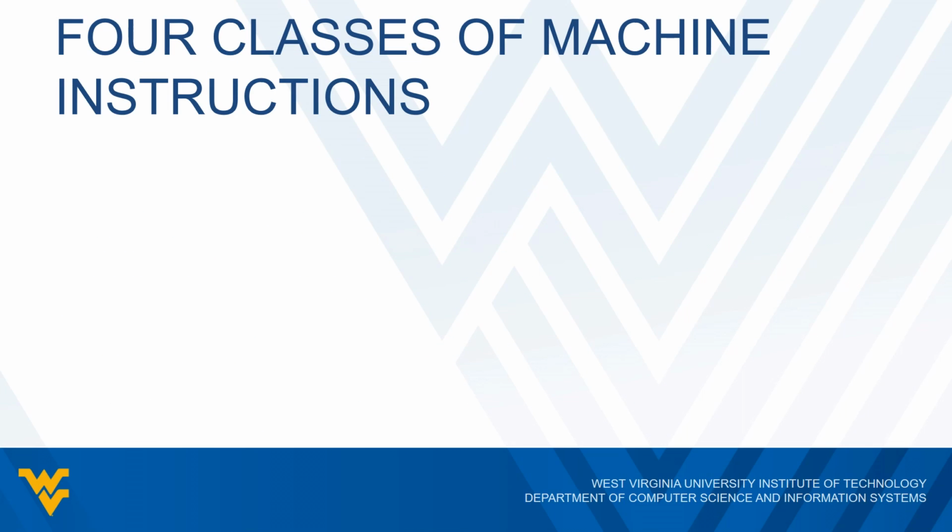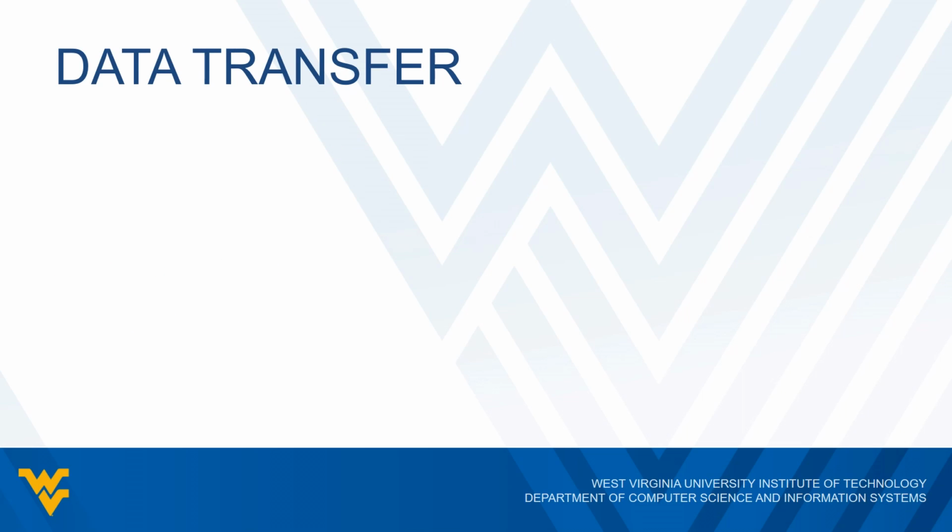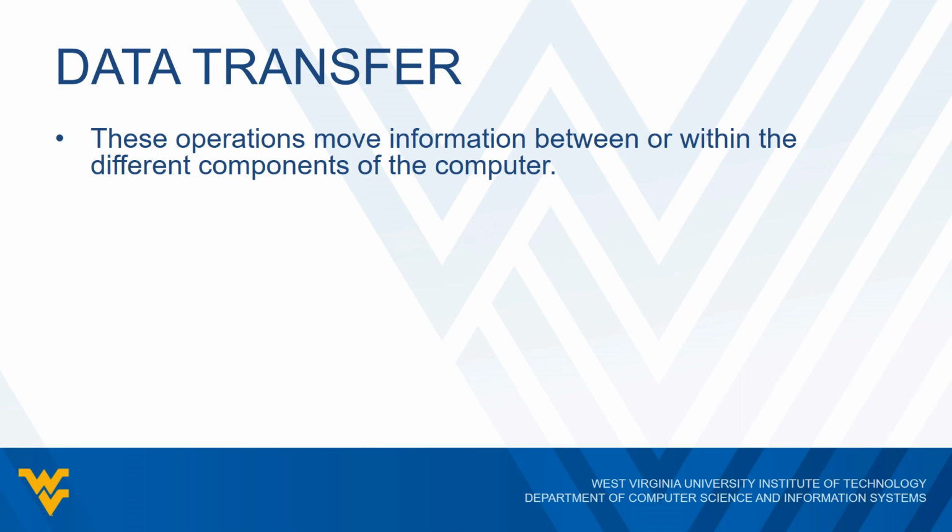Machine language instructions can be grouped into 4 basic classes, and these are called data transfer, arithmetic, compare, and branch. The first class is data transfer, and the idea is that these operations move information between or within the different components of the computer.